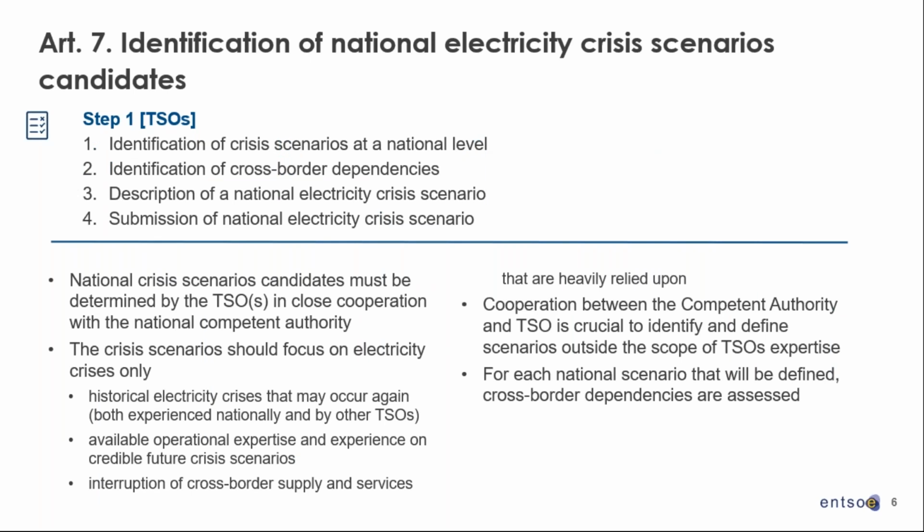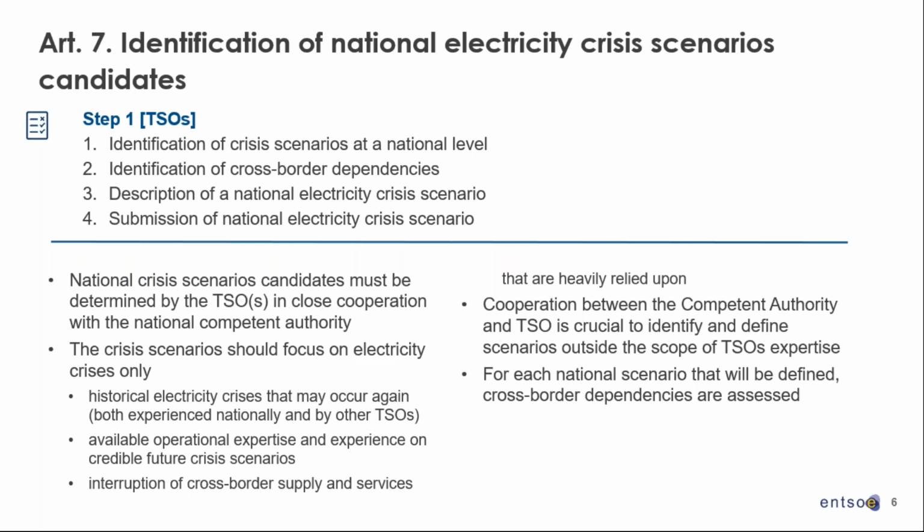So the first step is the identification of national electricity crisis scenario candidates. It's important to establish that this isn't part of Article 7 of the regulation. This is still Article 5 of the regulation. We're not looking at just national electricity crisis scenarios. We're looking at those scenarios which will have a cross-border effect.